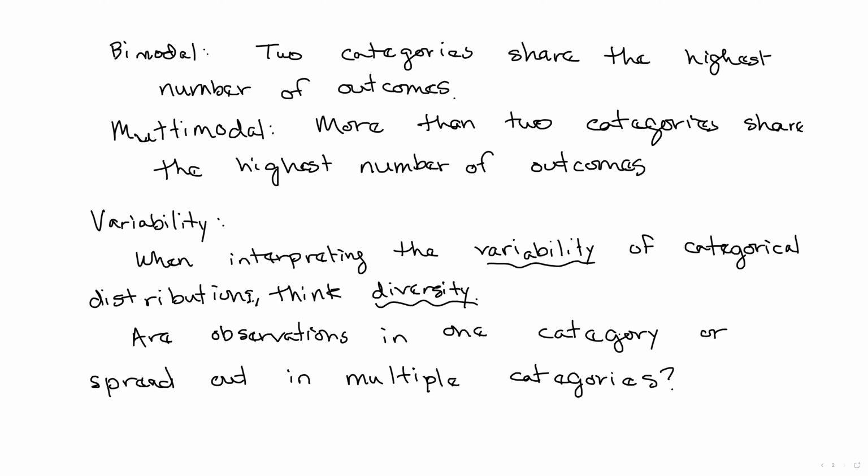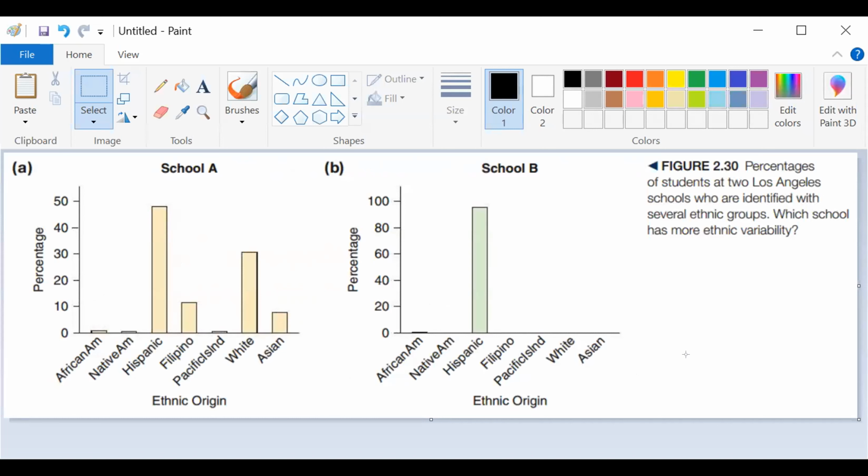Okay, let's pull up an example. Here are percentages of students at 2 different Los Angeles schools divided over ethnic groups. This is actually frequent when we talk about diversity; we talk about ethnic diversity.